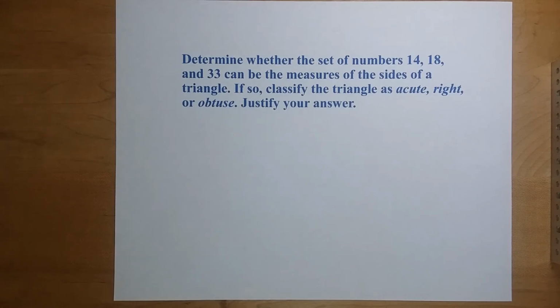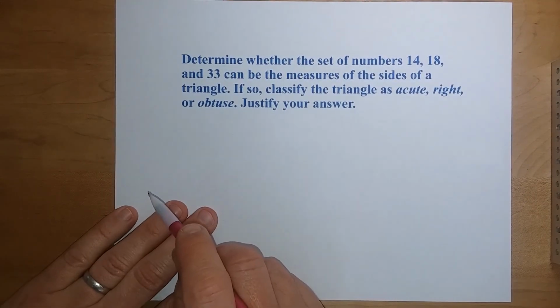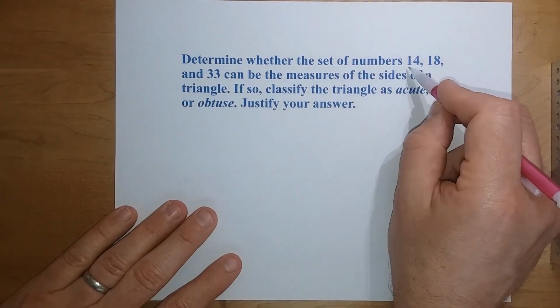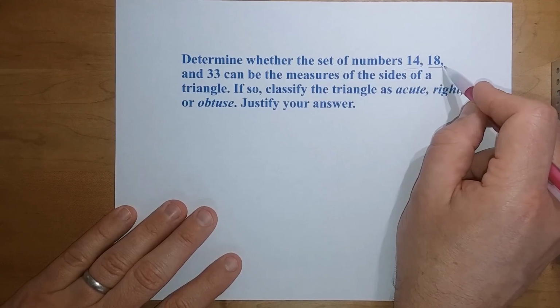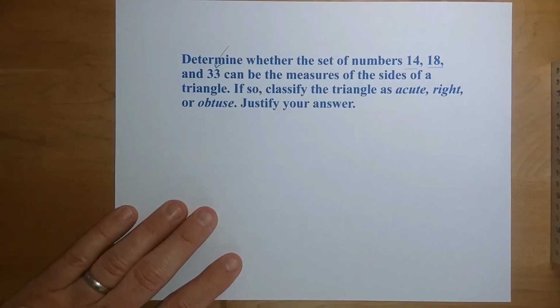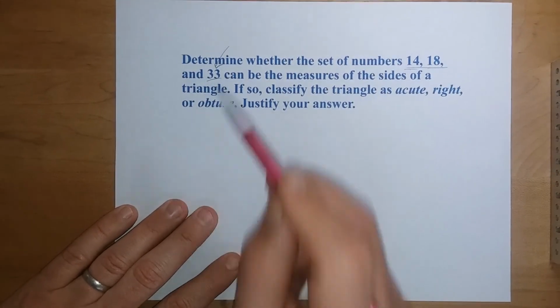Here we've got 14, 18, and 33. Can they be the measures of the sides of a triangle? Let's check really quickly. 14 plus 18 is 32. Uh-oh, no triangle. Don't bother plugging these into the Pythagorean theorem because you don't have a triangle at all. So always make sure you first do that quick check.